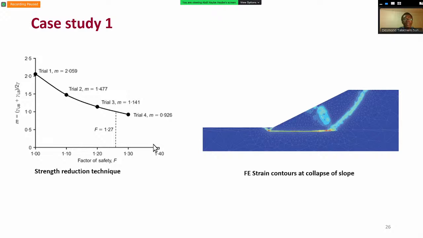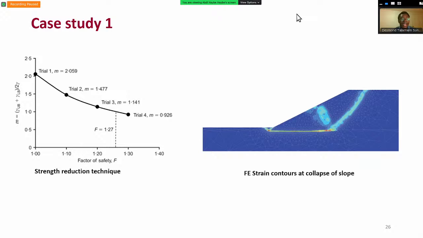In that trial, we obtained a gravity multiplier of 1.477. We again add a change in factor of safety for the next trial, which is 1.2. Then our gravity multiplier yielded 1.1, which is again greater than 1. Until our gravity multiplier equals 1, there we obtain an optimum factor of safety for the slope considered using the strength reduction technique.